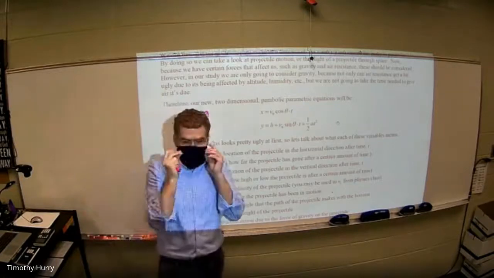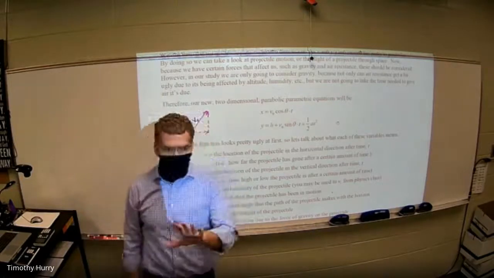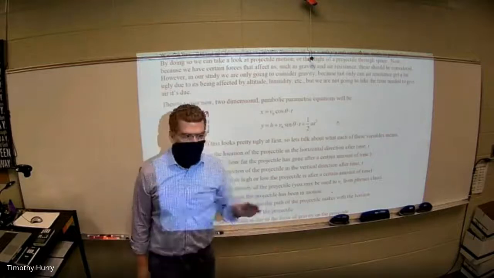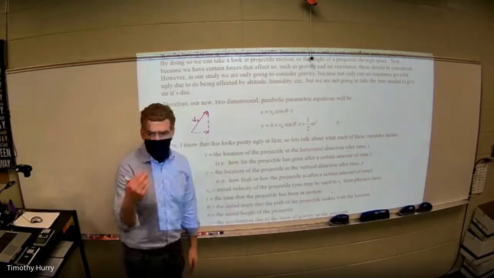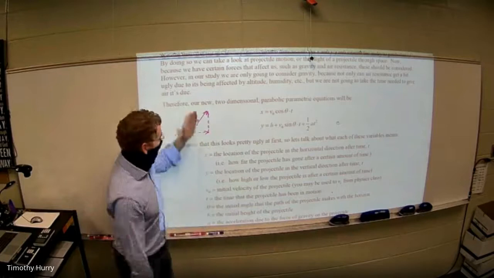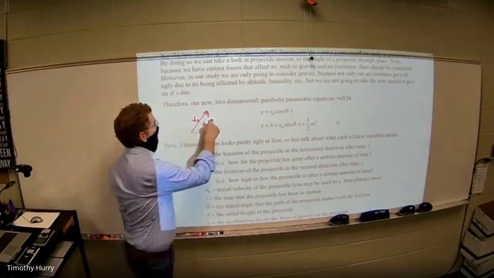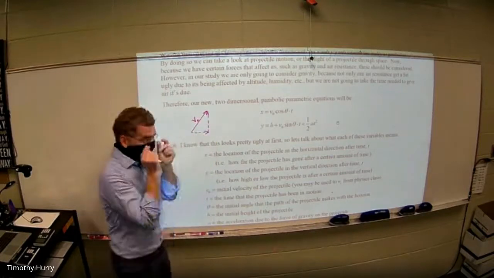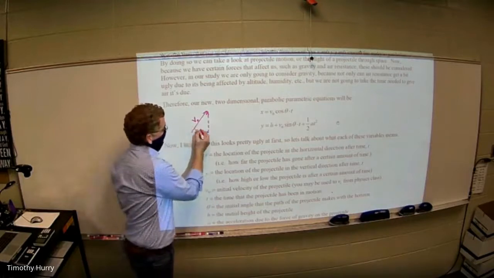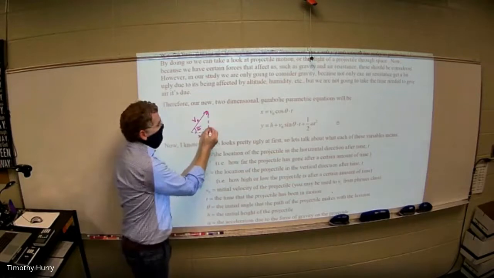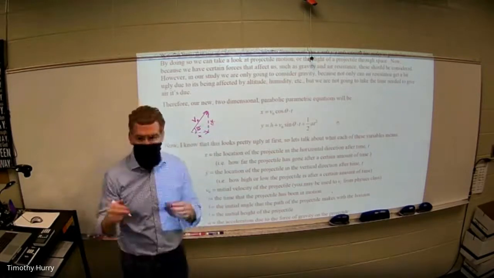Sometimes physics uses Vi to stand for initial velocity, but V0 is just our initial velocity. So if I shoot it, there are 2 components of velocity, an X component and a Y component. If I know this angle, say the angle was 55 degrees, how can I find that and that component of the velocity?